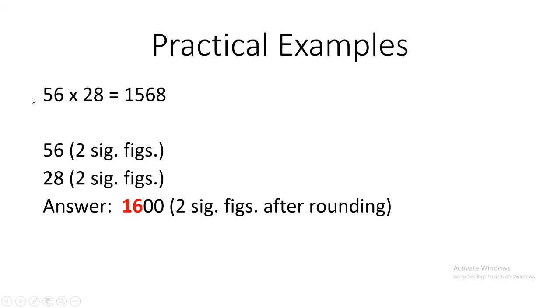Multiplication, 2 significant figures times 2 significant figures is not 4 significant figures. This is the right answer, right? But when you're worried about significant figures, then you're going to round up. You're going to round up here, so the 5 becomes a 6, and you only have 2 significant figures here. Because remember, the trailing zeros don't count, so it's 1600.